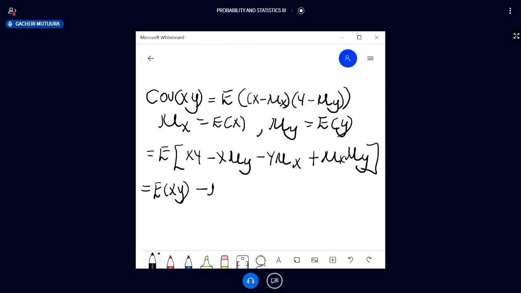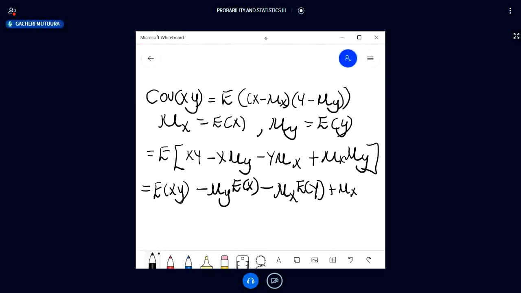So we have mu y and then the expected value of x. Same here, again, mu x is a constant, so it won't be affected, and then we have the expected value of y. And finally, this last term, mu x mu y, is a constant, so it cannot be affected by the expected value.